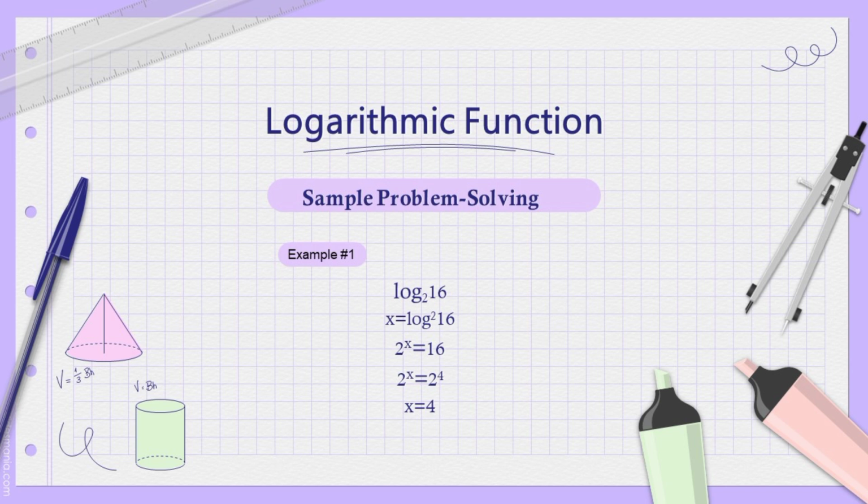We can do that by the form of exponential manner or exponential form. 16 can be exponentialized by 2 raised to 4, because 2 times 2 times 2 times 2 is equal to 16. Now, 2 raised to x is equal to 2 raised to 4. The bases are both the same, meaning we are now correct on the third step.